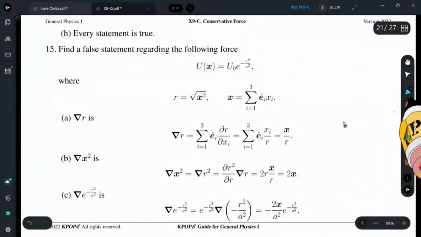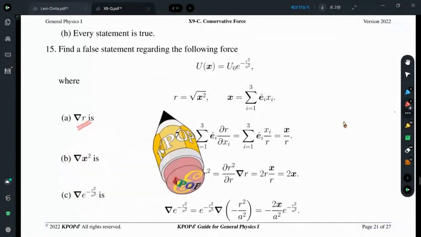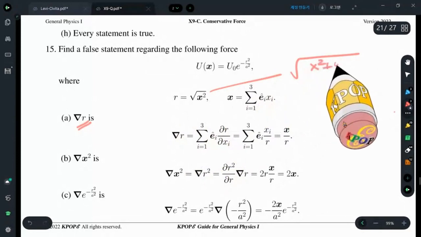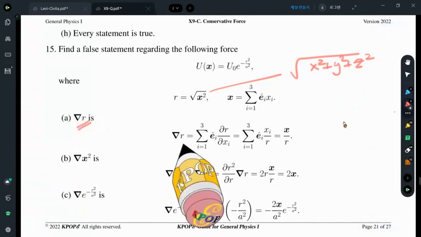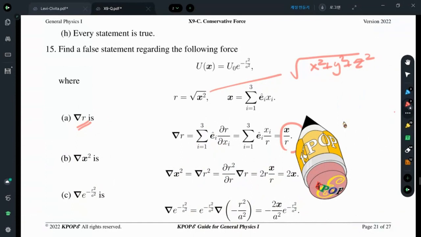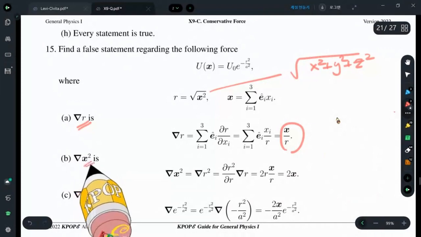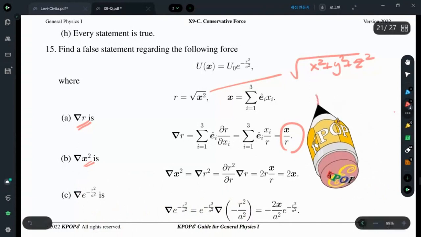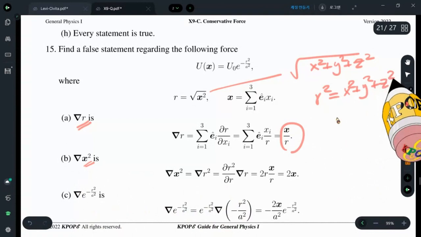Now let us train some more on the gradient regarding a radius. Radius in 3 dimensions is just the square root of x squared, y squared, and z squared. We remember the gradient of r is just x over r. In this class we have computed this. And r squared is x squared plus y squared plus z squared.